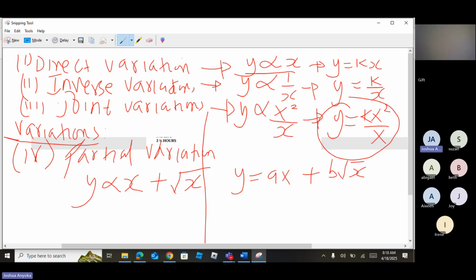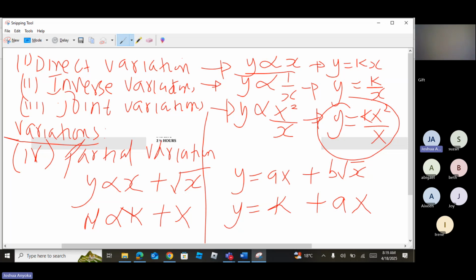Still, we can say a quantity n is partly constant and partly varies as x. So it usually means y is equals to k plus ax.